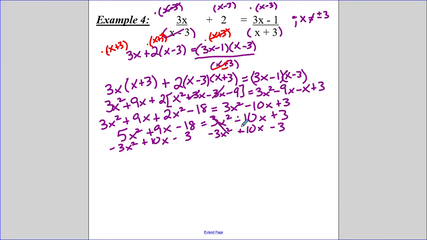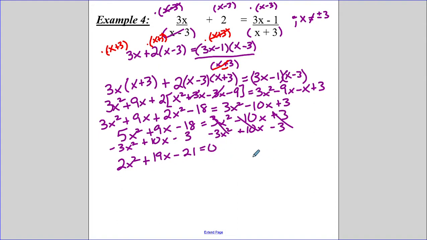That cancels all three of these out. And on this side, I now have 2x squared, right? 5x squared minus 3x squared. 9x plus 10x looks like 19x. And minus 18 minus 3 more is minus 21. So 2x squared plus 19x minus 21 is equal to 0.